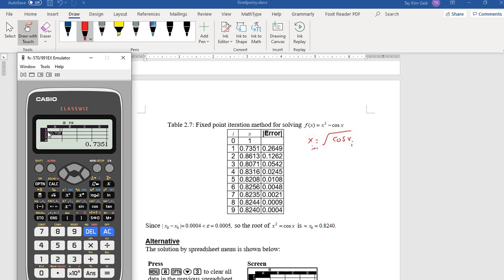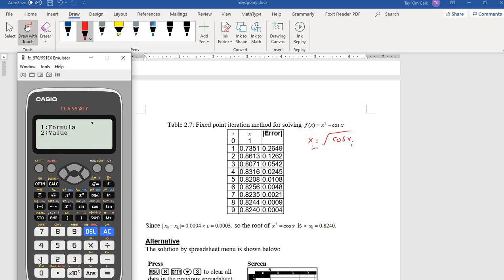Okay, now, if using the spreadsheet menu, I need to copy and then paste. Just like how we input in the calculate menu, we input x equal square root cos xi, you input 1 and then you keep on pressing equal. But in the spreadsheet menu, I need to copy the formula. So I go back to this one first to show the formula. Number 2.